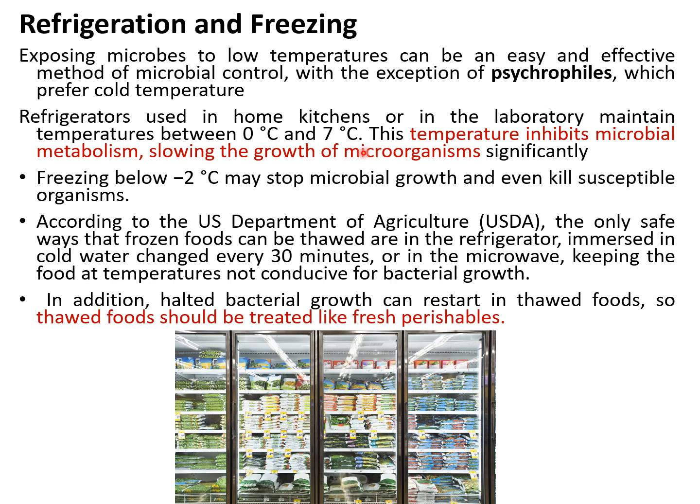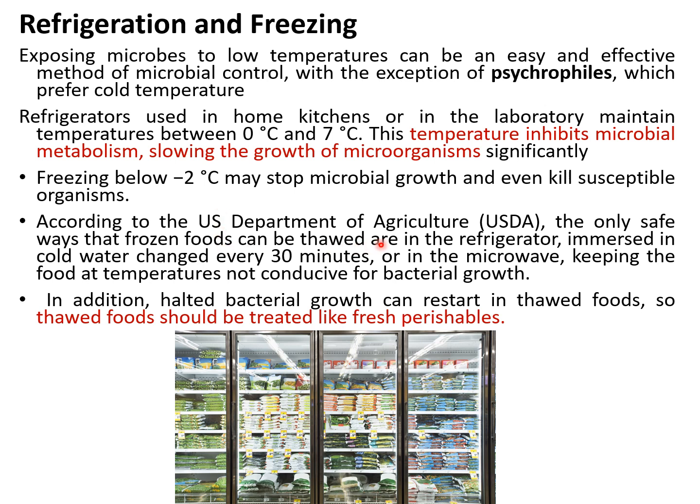This temperature inhibits microbial metabolism and slows the growth of microorganisms to the maximum extent. And if you are freezing below -2, it will stop microbial growth, and it even kills some susceptible microorganisms, which cannot survive below 2 degrees.